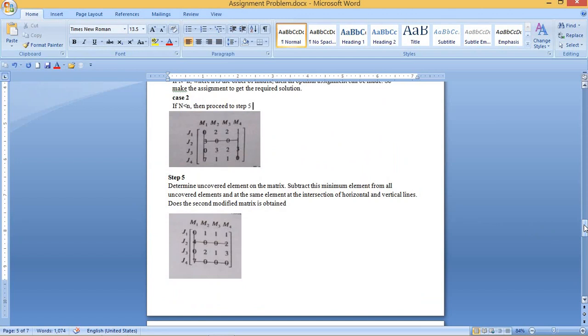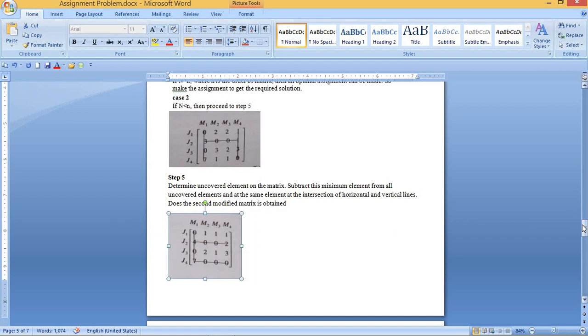Again we see that by using 3 lines we can cover all these 0s. So here the value of capital N is 3 and small n is 4 again, so again we go to step 5. We consider the same process: find the smallest uncovered element, that is 1, subtract it from all the uncovered elements and add it to the intersecting points.